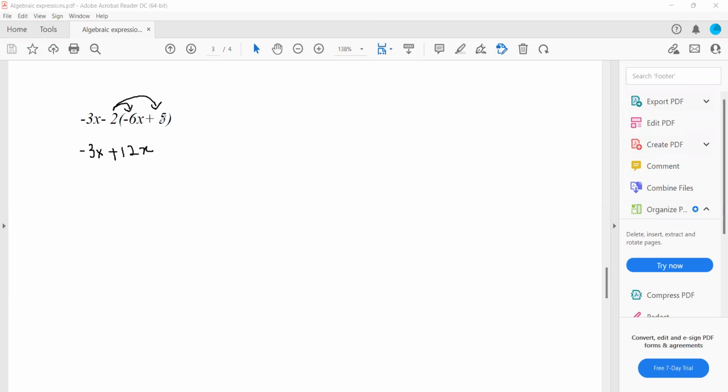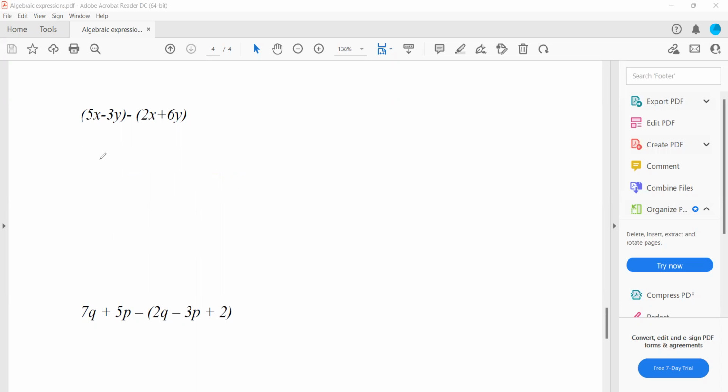Minus 2 times positive 5, we'll get minus 10. You notice that there are some things here that can be solved. Minus 3 plus 12 is equal to 9x minus 10. So notice that the 10 doesn't have an x, so that means this is our solution. You can't solve it anymore.